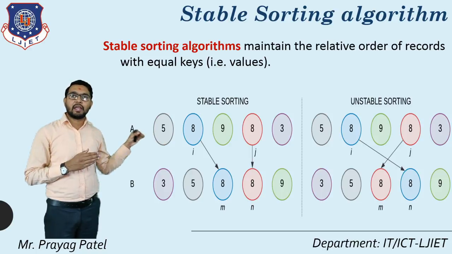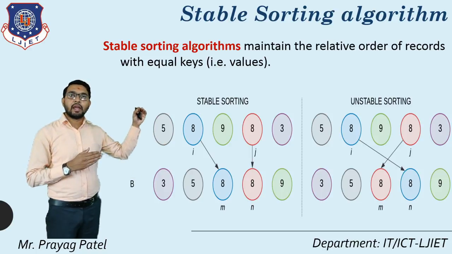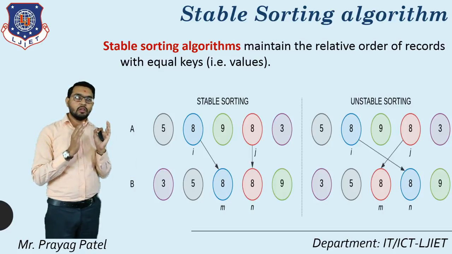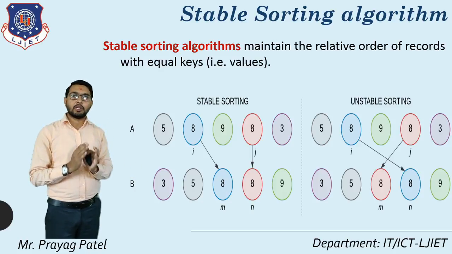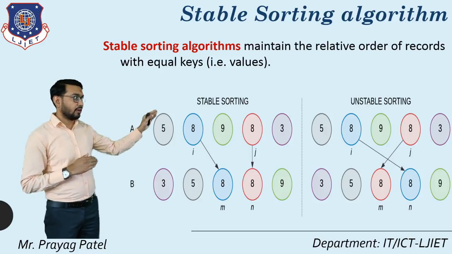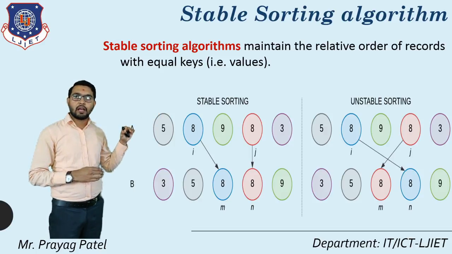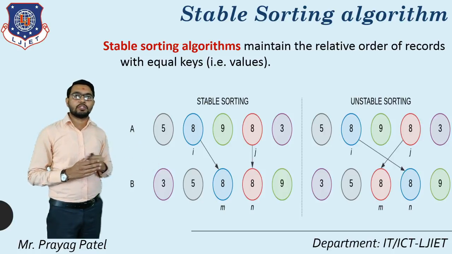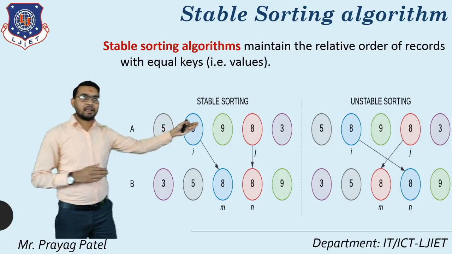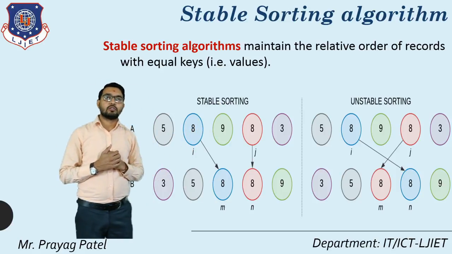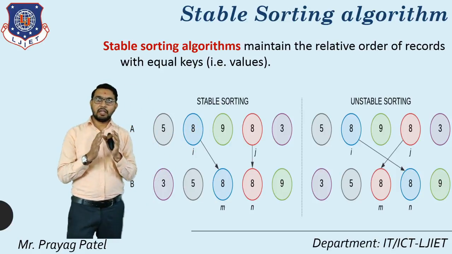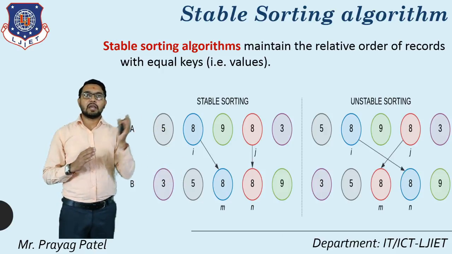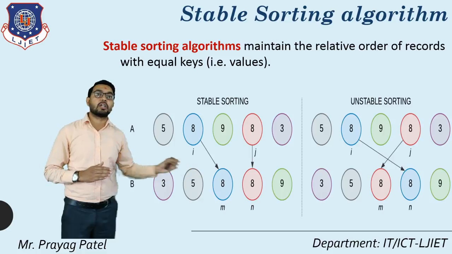Here consider the first 8 as M and the second 8 as J at location N. This is called a stable sorting algorithm, meaning the first 8 in the given list is also in the first position in our sorted list.